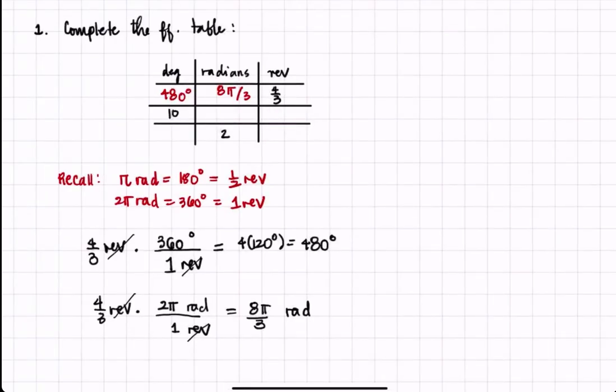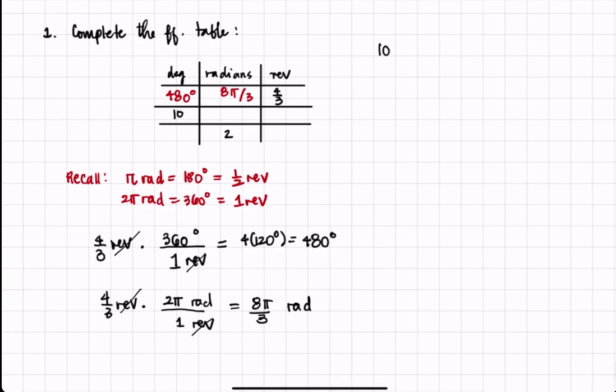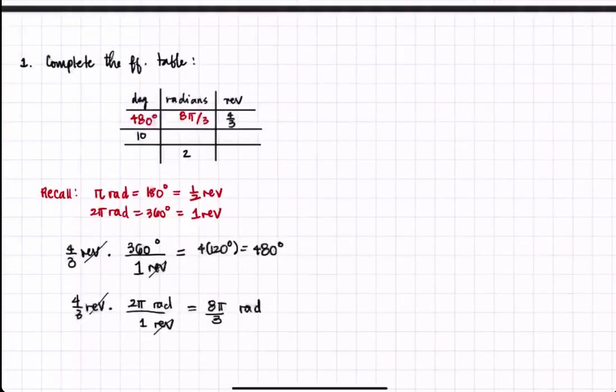So, let's do the second row. We have 10 degrees. You want to convert it to radians. Same again. Times radians on top, degrees on the bottom. You can use any of the conversion formulas. You can use this or this one. But I will use this first one so the number is small. This is my favorite to use because I am avoiding the fraction.